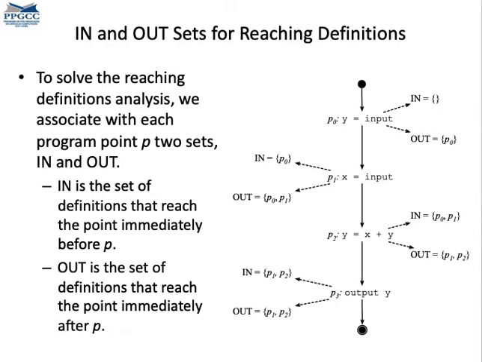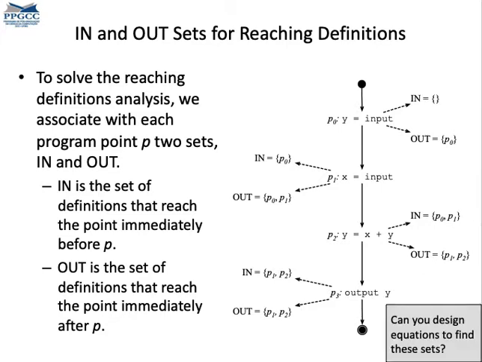You can see the different definitions of variables y and x. Notice that data flow facts are program points like P0 and P1. We don't use the names of variables because the same variable can be defined at different program points. So we represent definitions as program points, assuming that every program point defines a single variable name.